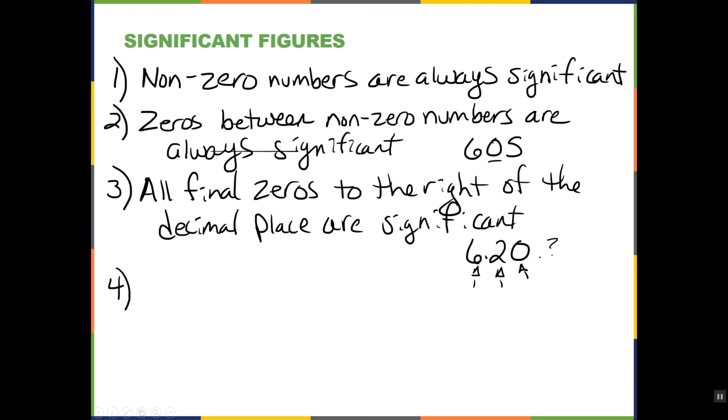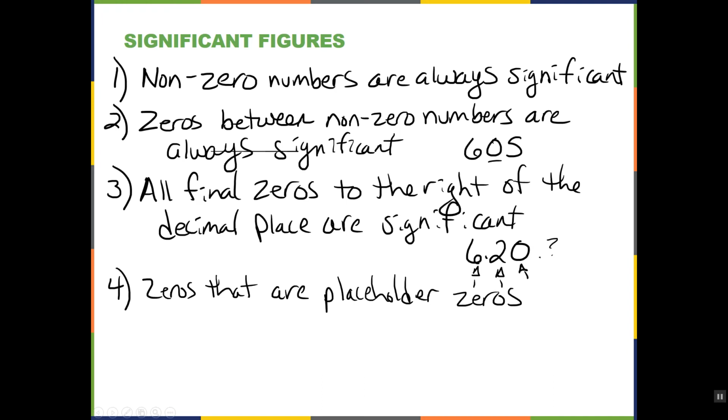And here's the trick. Here's the last one. Zeros that are placeholder zeros, these are your leading zeros or trailing zeros, are not significant.